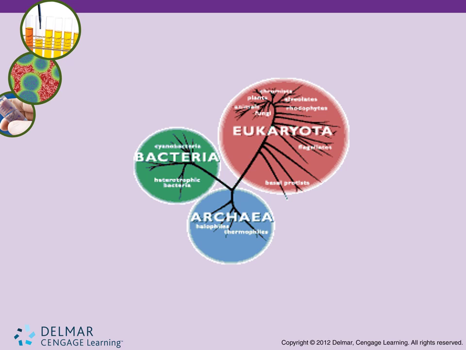The eukaryotes consist of animals, plants, fungi, and certain unicellular organisms such as paramecium. That EU prefix means true and kary means nucleus. And then the prokaryotes, their domain is the bacteria and archaea.